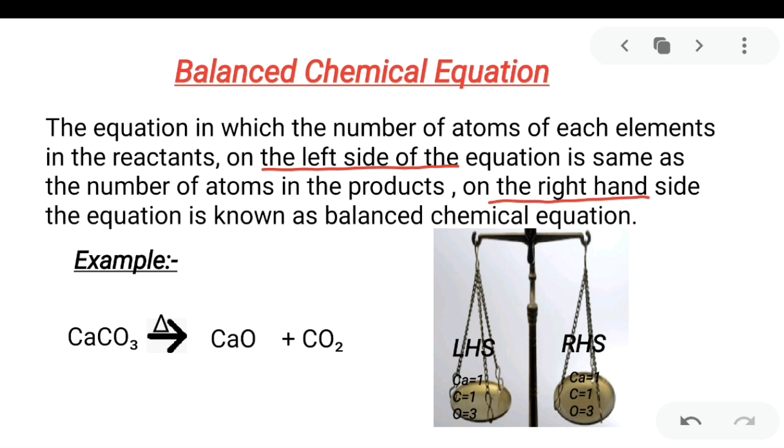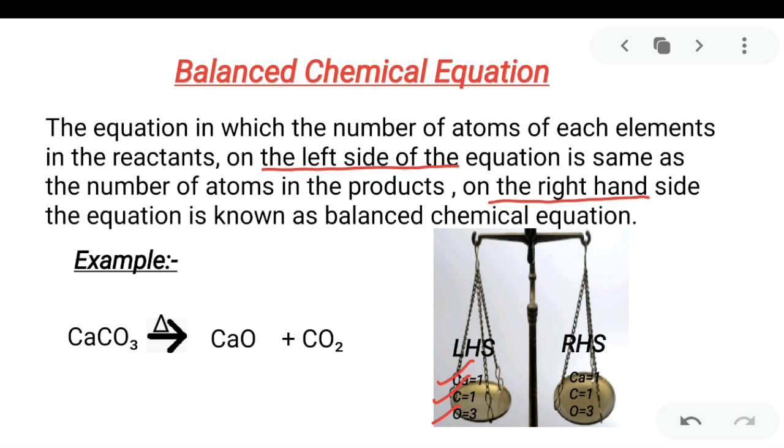In the left hand side of the equation, the reactant is calcium carbonate, which contains number of calcium atom is 1, number of carbon atom is 1, and number of oxygen atom is 3. And in the right hand side, the products are calcium oxide and carbon dioxide.